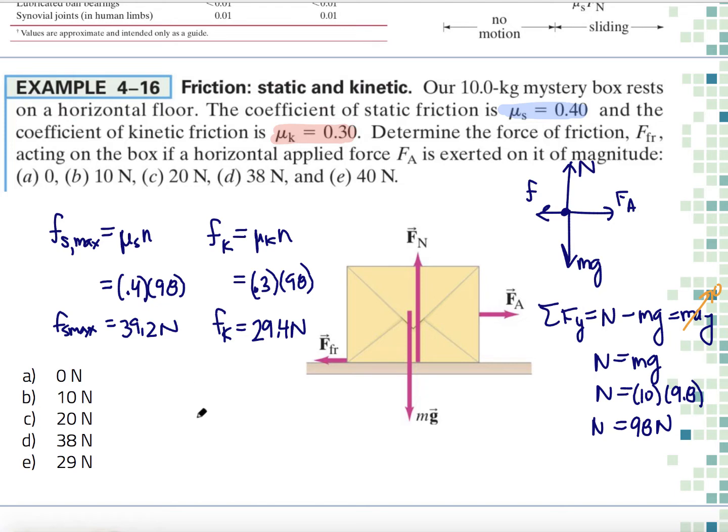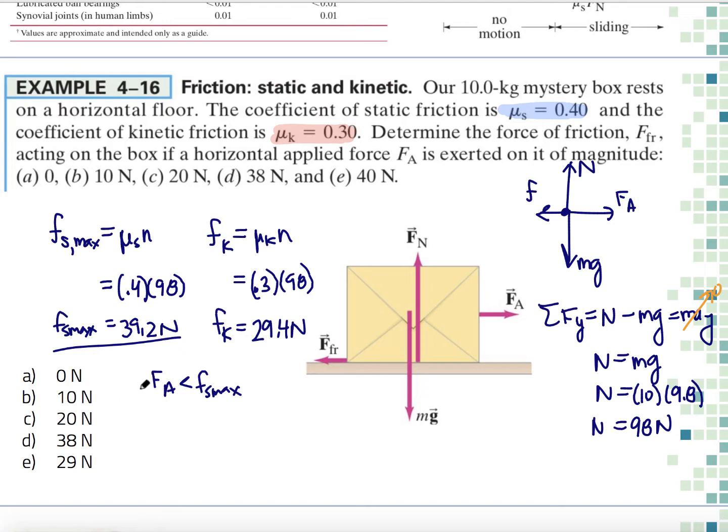So for the case of A, my applied force is less than the maximum static friction. So Fa is less than Fs maximum. Because of this, that means my object's not going to move. So in any situation where I have not applied enough force to get it to move, I am going to be stationary.